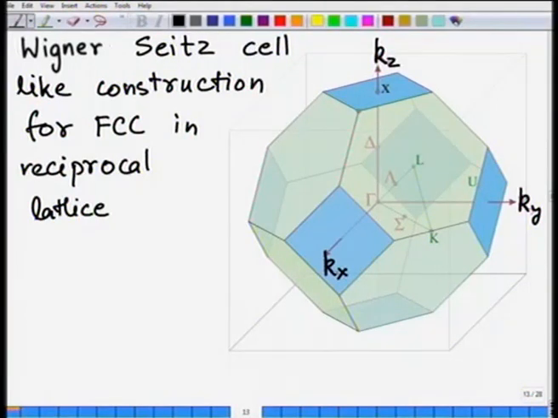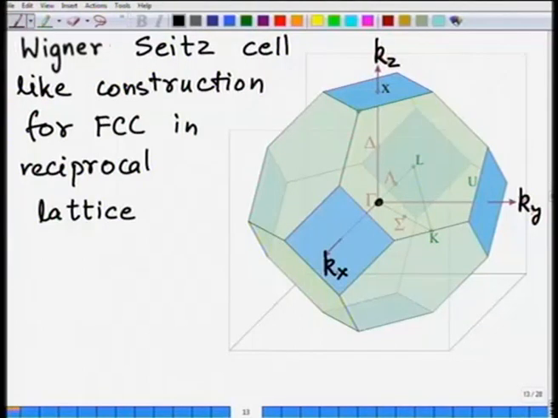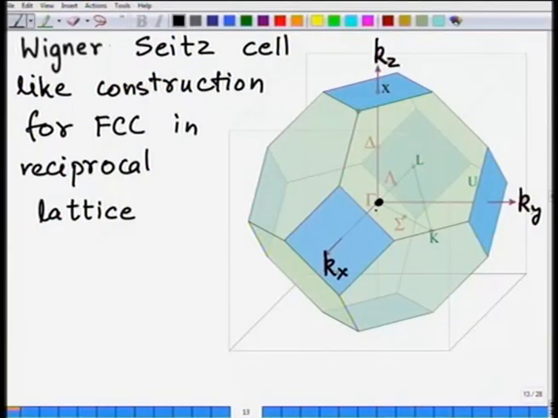The construction is again the same. Take the BCC reciprocal lattice, take one lattice point, and from this chosen point draw lattice vectors to all the infinite number of lattice points. Then draw perpendicular bisector planes to them, and the smallest volume that forms will have this shape, with the lattice point in the center and no other lattice point inside.